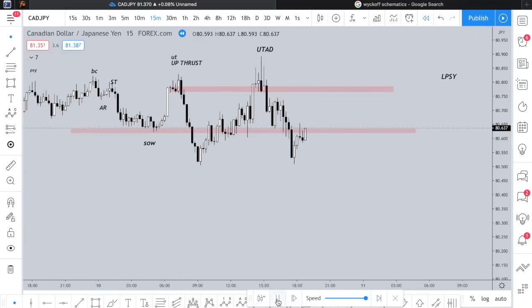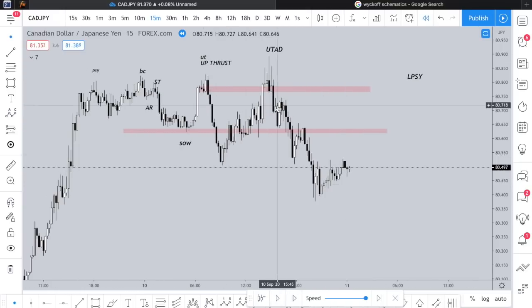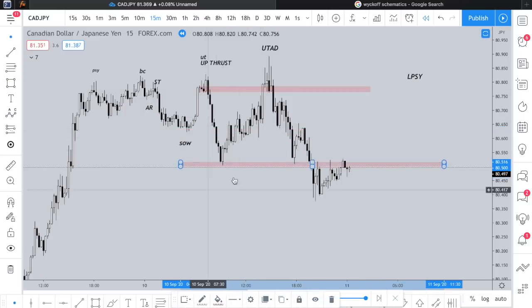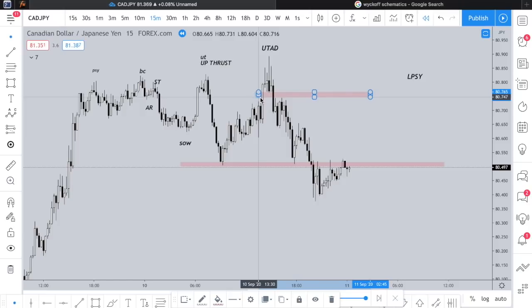You wait, you have patience, and when the market creates something like this, now you're more confident because the entire distribution schematic is now completely formed based on what you can see. You got your final push to the upside and the break of another major structure point that was just created to the downside. And if you were looking at these types of scenarios, then obviously you'd be looking at entries probably somewhere over here.